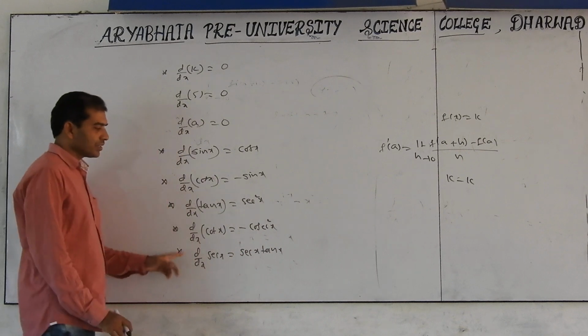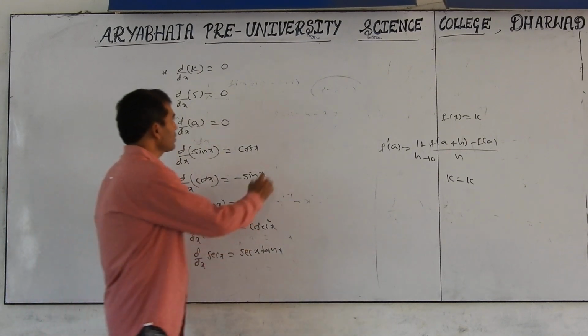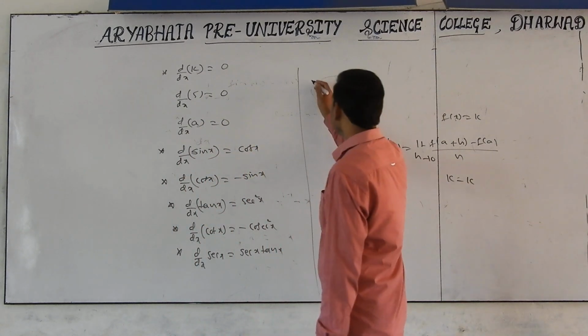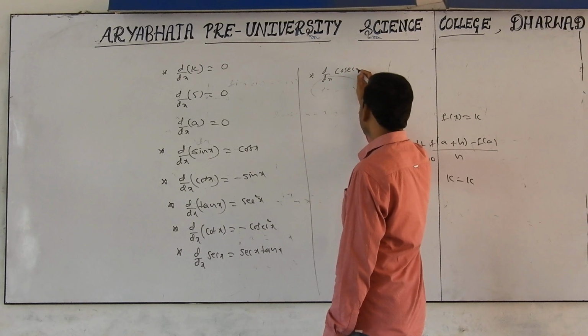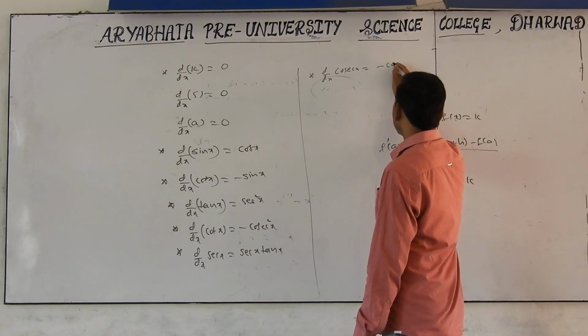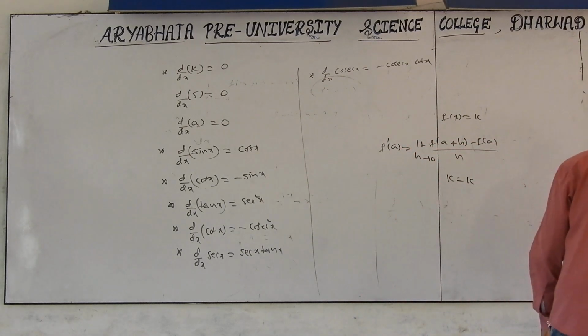All these proofs you learned in the first video. Okay. Next, d by dx of cosec x equal to minus cosec x into cot x.